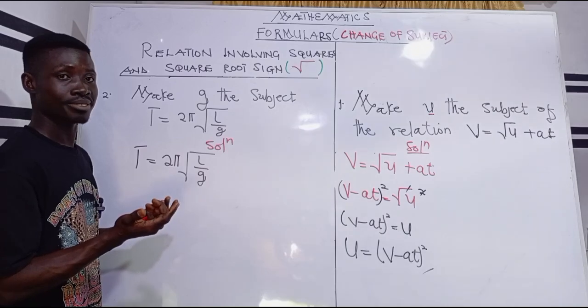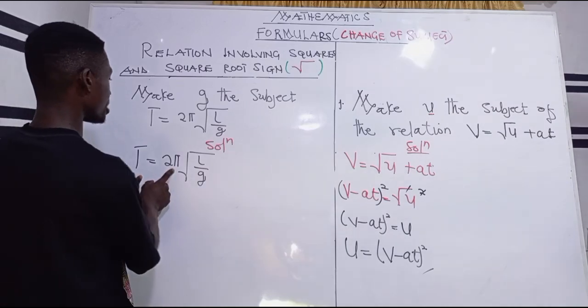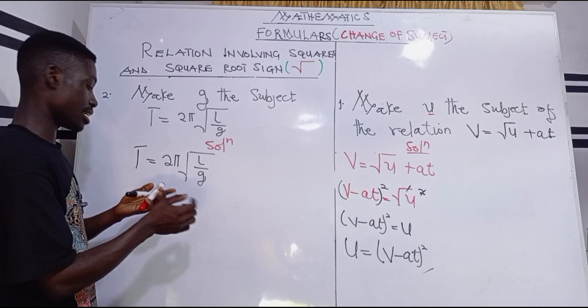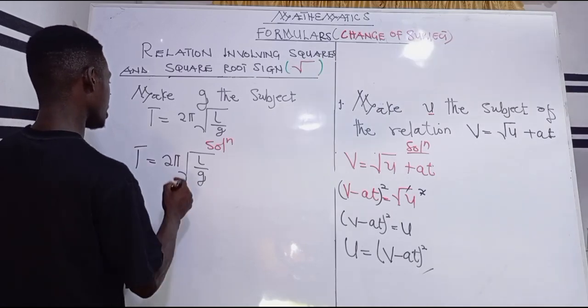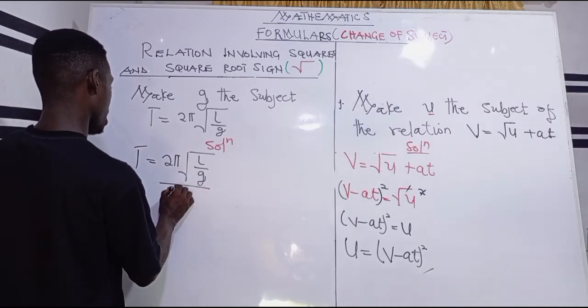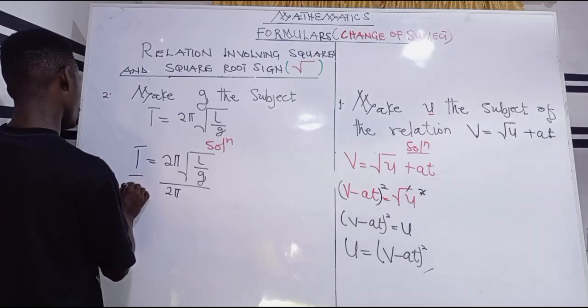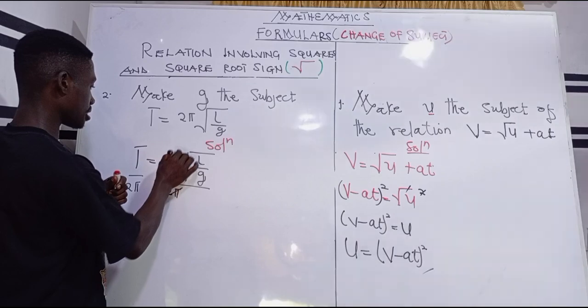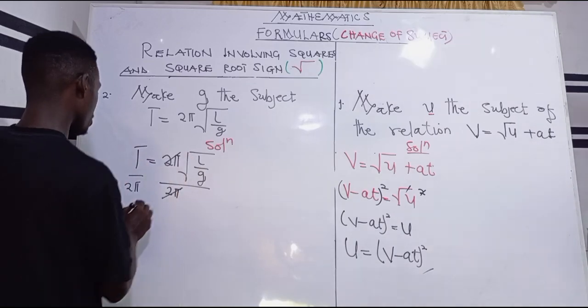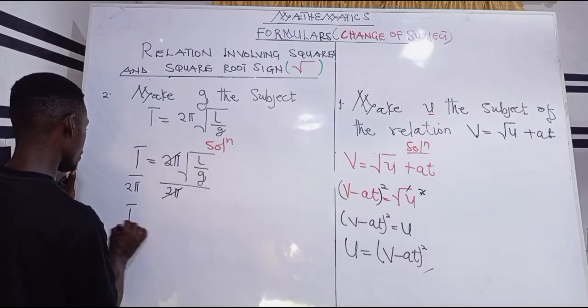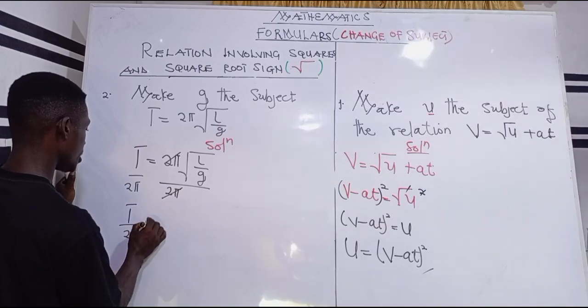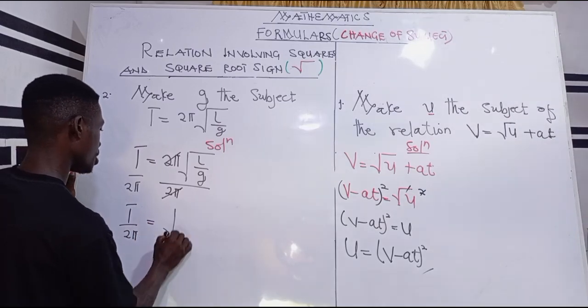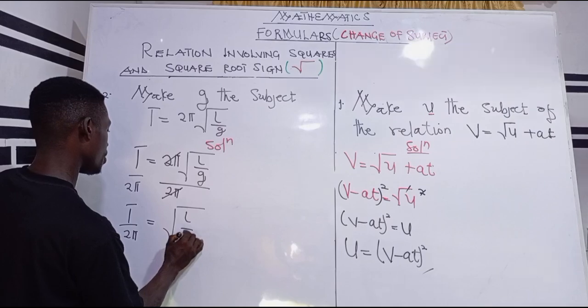So what do you suggest? Let's divide both sides of the equation by 2 pi first, okay? So let's divide here by 2 pi, by 2 pi, so that this 2 pi will cancel this 2 pi. We are going to be left with t all over 2 pi is equal to the square root of L all over G.